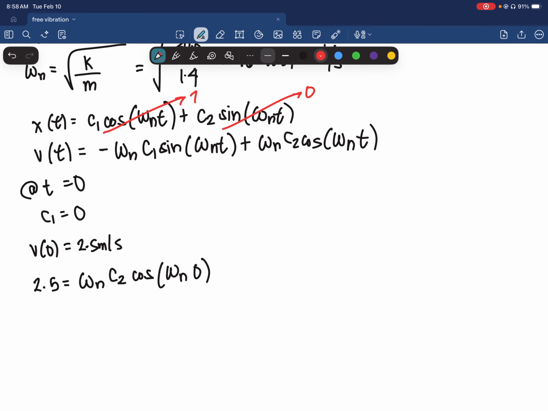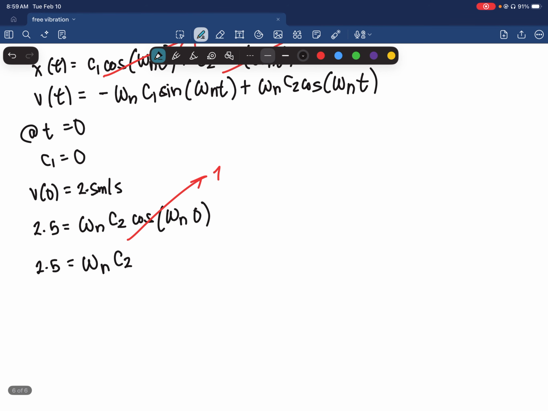So this will be 1. Right? Therefore, we have 2.5 is equal to omega n C2. And C2 is equal to 2.5 over omega n.